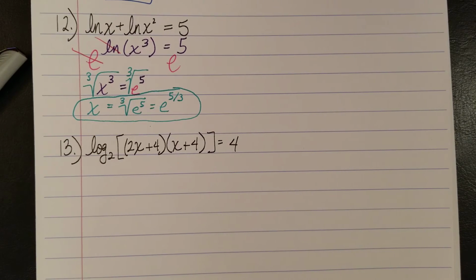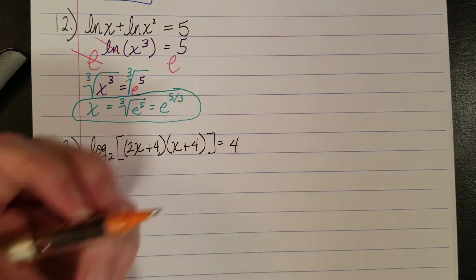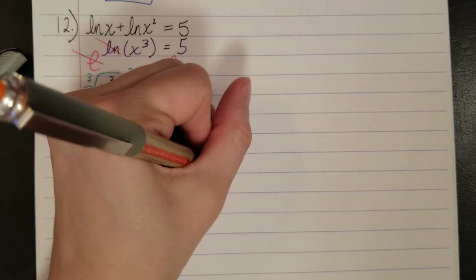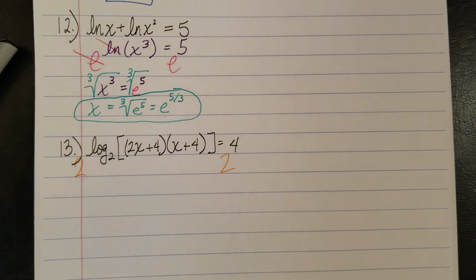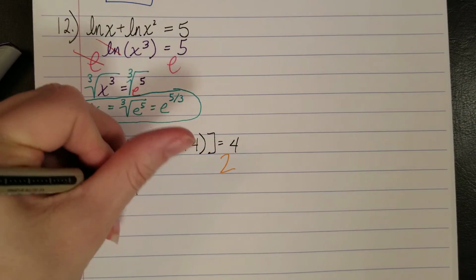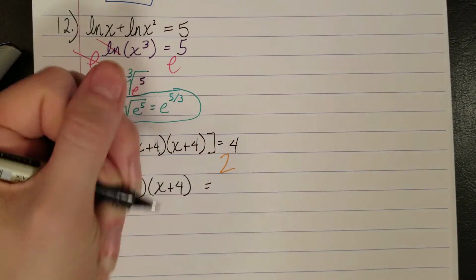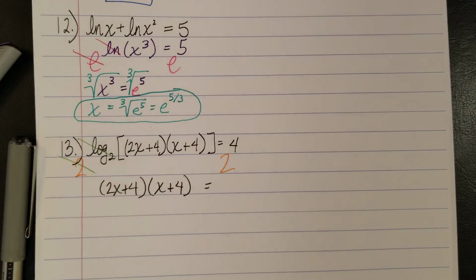Number 13. All right, so let's see, we want to get rid of the log, so we'll use 2. So that would give me 2x plus 4 times x plus 4 equals 2 to the 4th power.